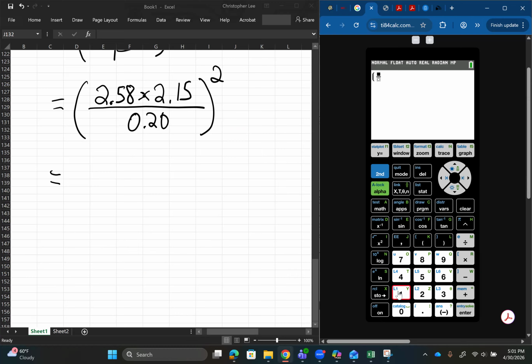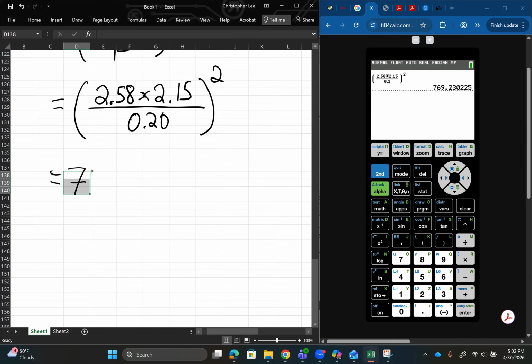Literally, just type it in the same way you see it here: 2.58 times 2.15. Then go down, 0.2. Then go across, get out of it, close parentheses, and then square it. And that's it. Boom.